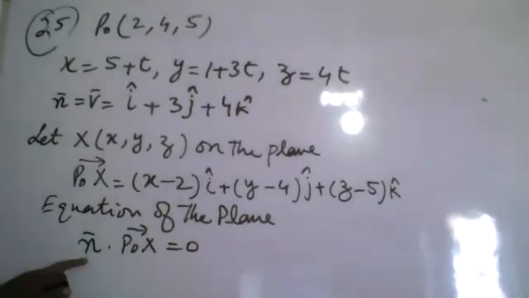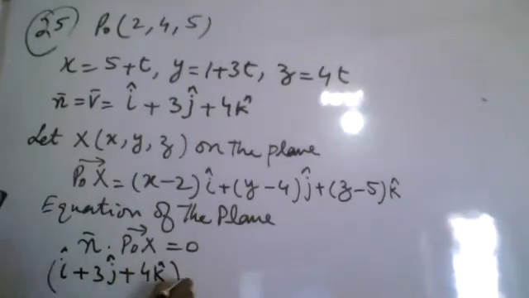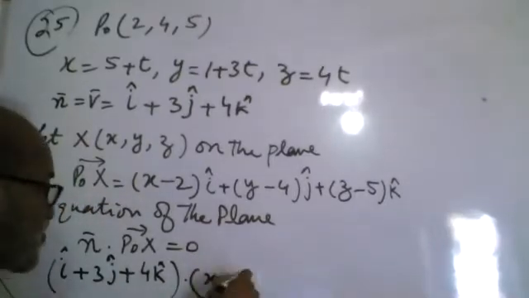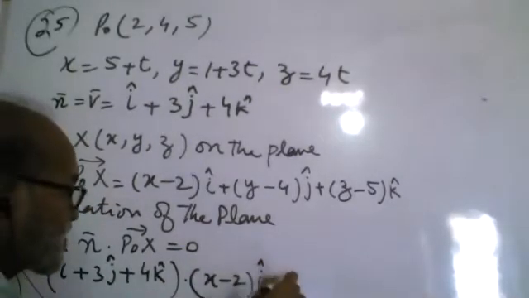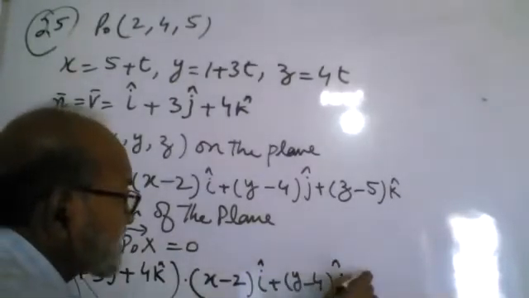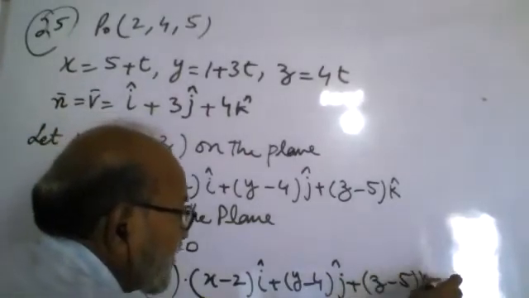Okay, we will take n dot P naught X. n is i plus 3j plus 4k, dot P naught X, (x minus 2)i plus (y minus 4)j plus (z minus 5)k, equal to 0.